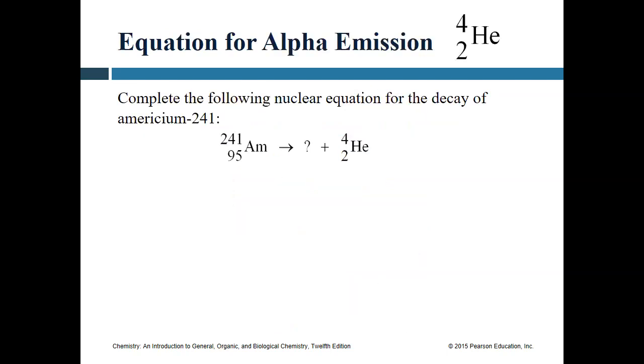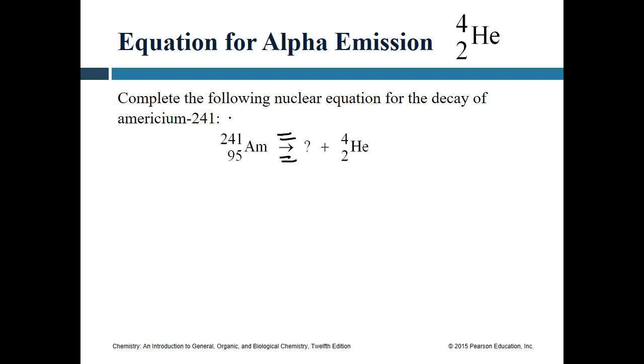So how do these equations look? Well, this is where we have to apply those very simple mathematical properties. So again, what we want to look at is equality. The mass numbers on both sides should even out. The atomic numbers on both sides should even out.